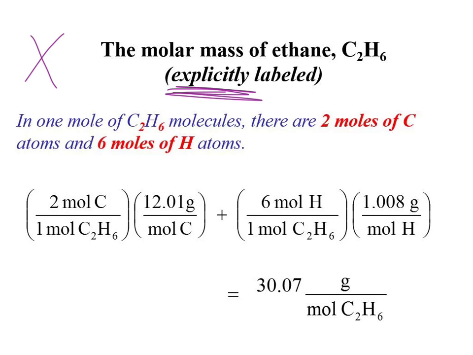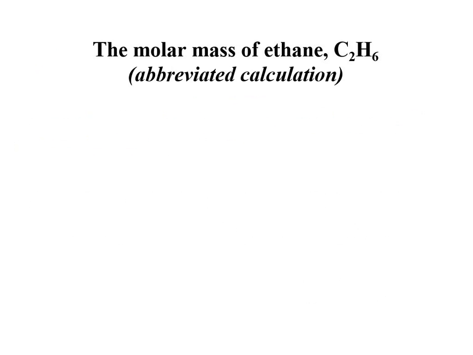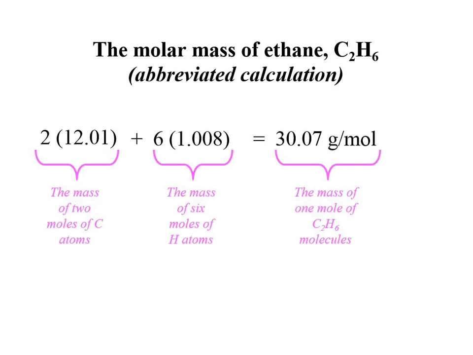That's writing it explicitly. I would probably write it like this. This is how I would do my molar mass for C2H6. It looks very similar to my molecular weight calculation for the compound. Notice that on the front end here, I don't even have any units.